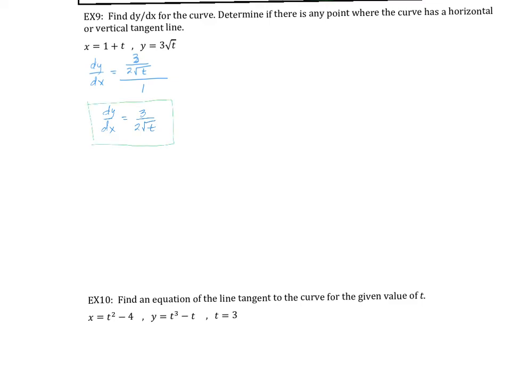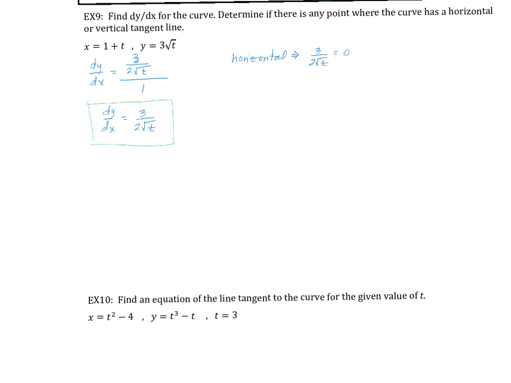And the next part says determine if there is any point where the curve has a horizontal or vertical tangent line. If we have a horizontal tangent line, that implies that our slope is equal to 0, or our derivative is equal to 0.